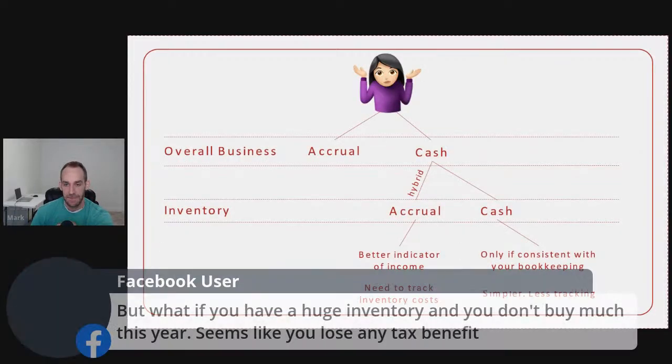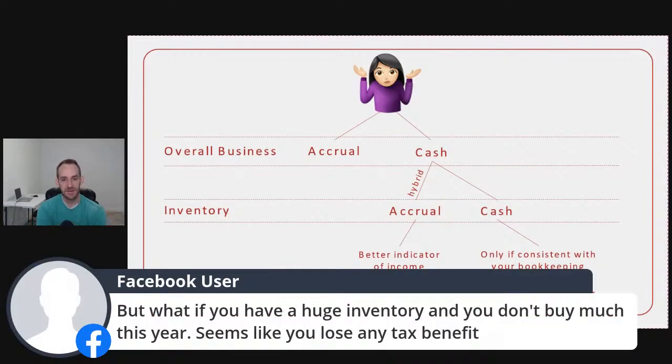So here's a question. What if you have inventory and you don't buy much this year? Yeah, if you're using the accrual method for inventory and you have a lot of ending inventory, wait, I gotta think about that. Depends which method you're using.